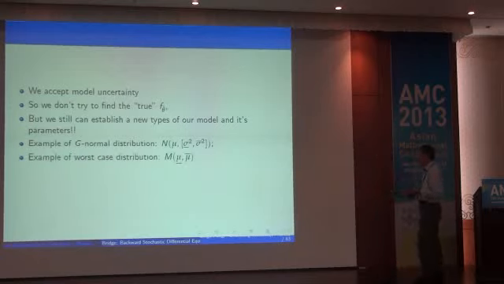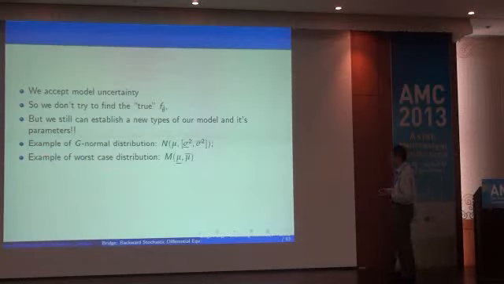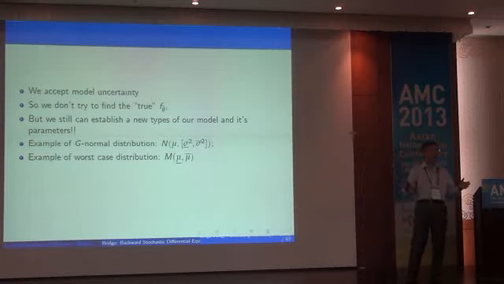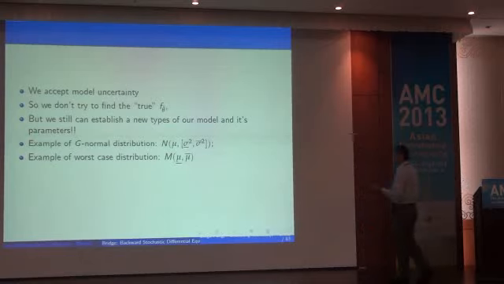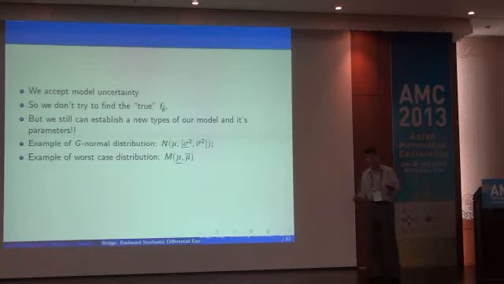And also, we can define the so-called worst case distribution, which has two parameters. In fact, we have many such distributions, which are parameterized, but based on the uncertainty of distribution.